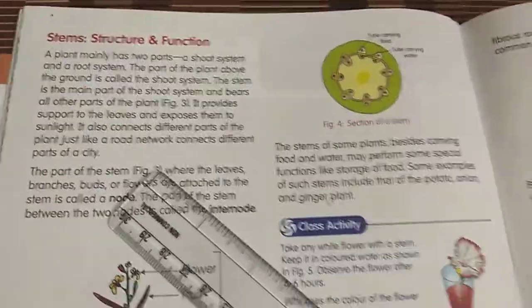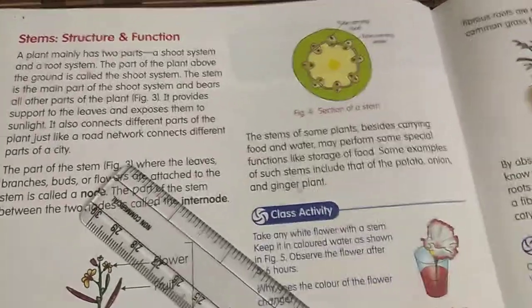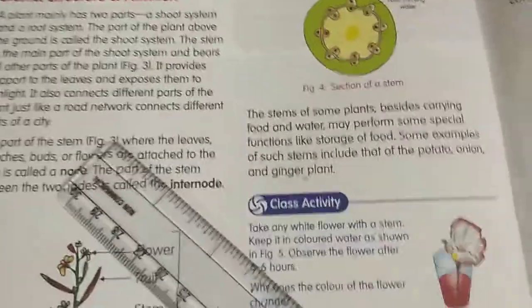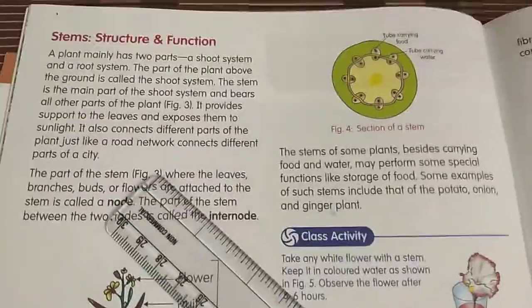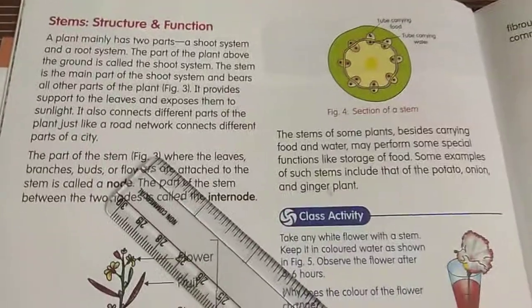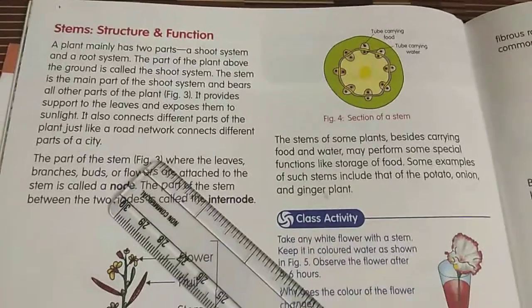If you take the shoot system, it has the first branch called the stem, and the stem again has many more branches, and each branch will have leaves, and slowly after fertilization, flowers, vegetables and fruit, the development takes place one by one.